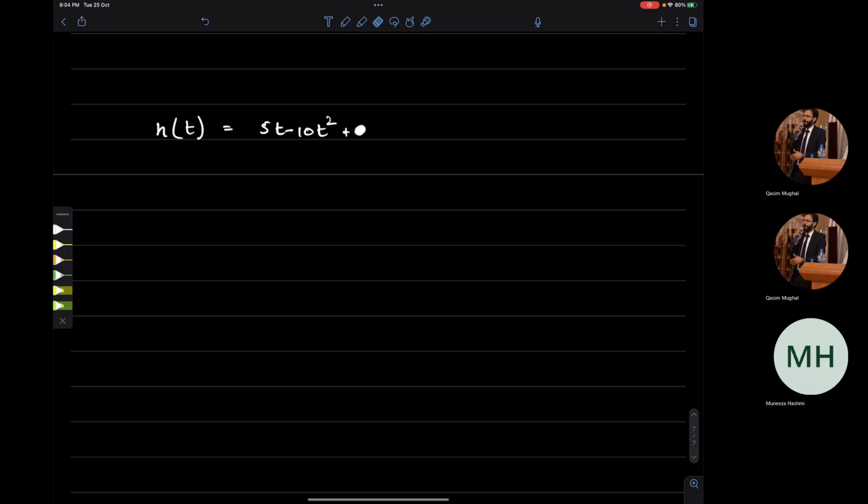And definitely t is not negative. T is the time in this case, so it can never be negative. That's why it says that t is greater than or equal to 0. Now the first part is how high is the springboard above the water?